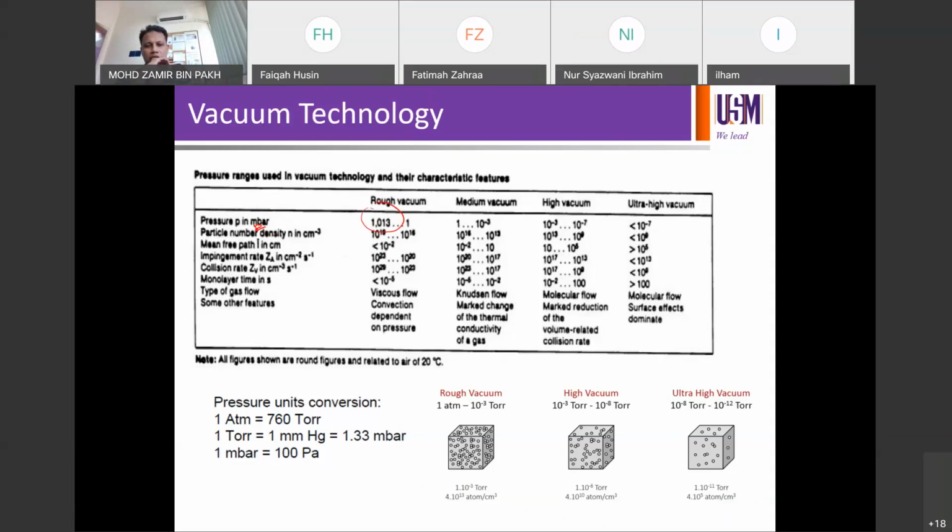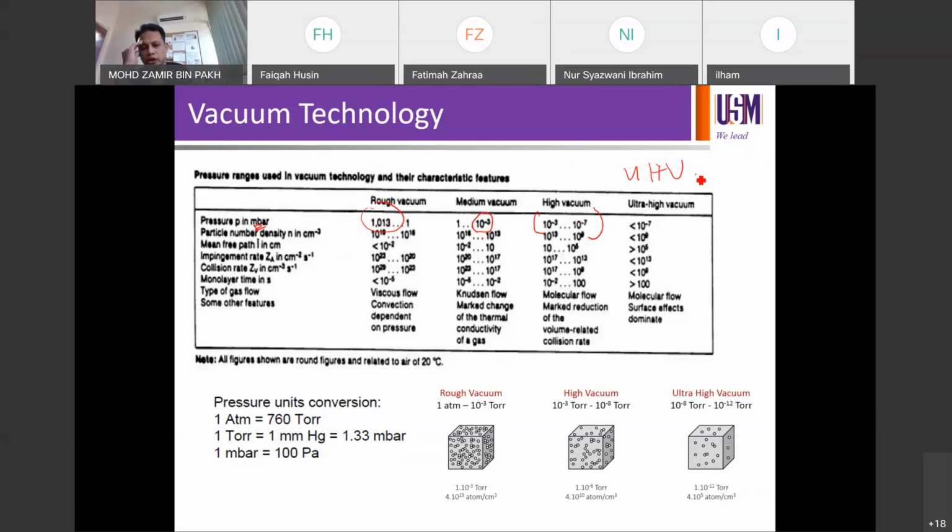Then you can bring it down to medium vacuum level, down to minus 3, right? You can bring it further down to high vacuum level, which ranges from minus 3 to minus 7. You can even bring it further down to less than 10 to the minus 7, meaning 10 to the minus 8, minus 9. That's called UHV, ultra high vacuum.